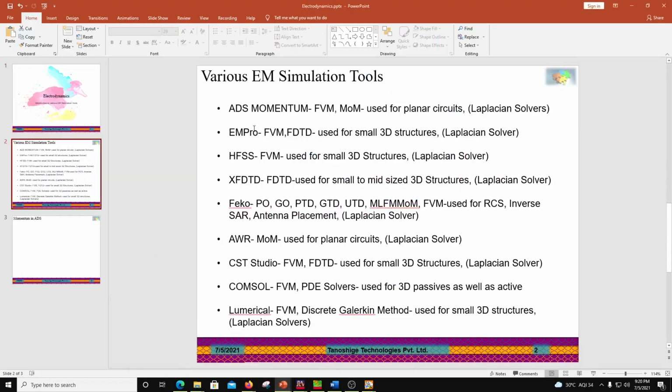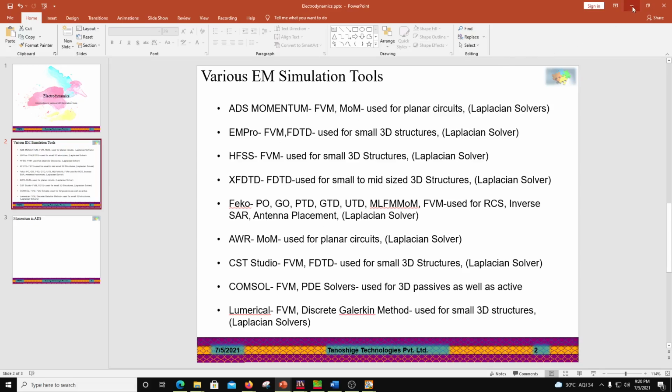Last time we saw different simulators from different companies. Today I'm going to start with Momentum and EM Pro, and I'm going to look into the method of moments.